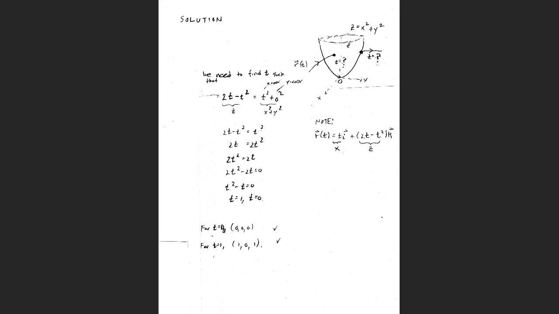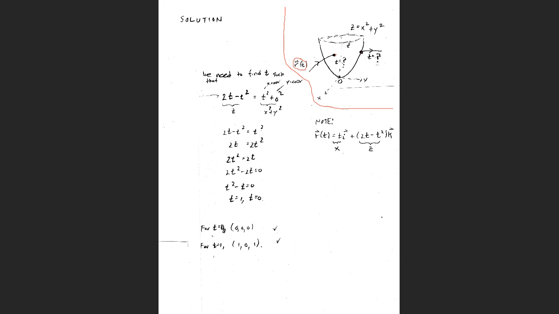Actually, hold on. I take that back. The space curve is restricted to the XZ plane, so let's just assume my space curve here stays in the XZ plane. Okay, no problem. It's going to intersect the paraboloid and exit the paraboloid, and we want to know what times that occurs.